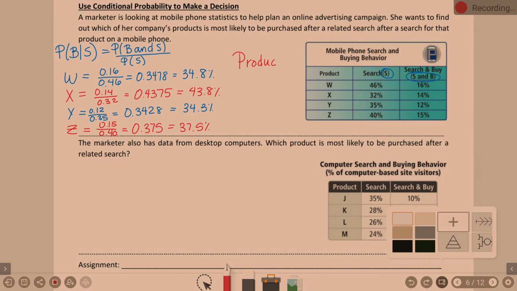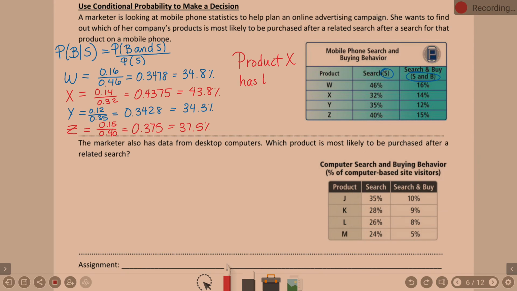So product X, and the reason is it has the highest probability. Proof is in the numbers there, yes?